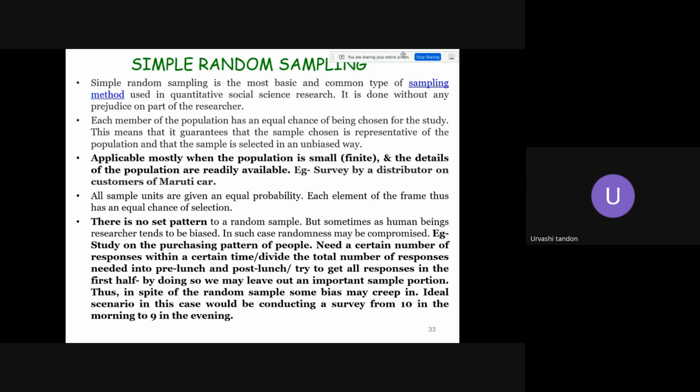In this case, it would be better if you conduct a survey from 10 in the morning to 9 in the evening, so that you can have the second half of the people, who may be an important part, and you are skipping them just because of your own convenience. So that is a bias which you have created for yourself in the case of simple random sampling.